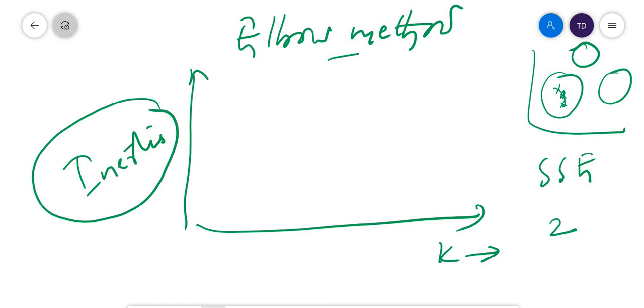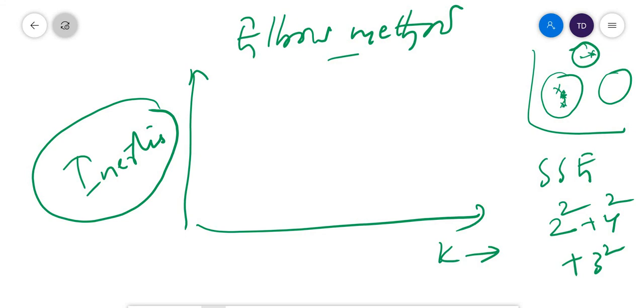For the next data point from this centroid, let us assume it is 4. You need to square them: 2 squared plus 4 squared plus, for the next data point, 3 squared. Like this you will add them. That is the sum of the squares of the Euclidean distances of the data points from the centroid. That we call the inertia.